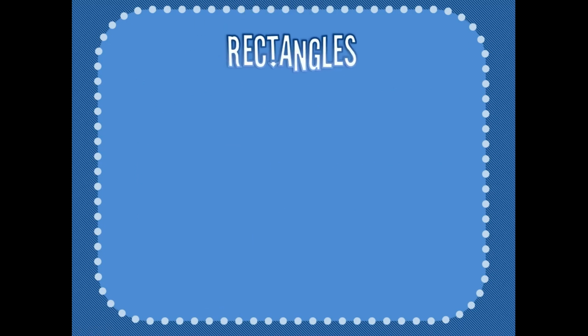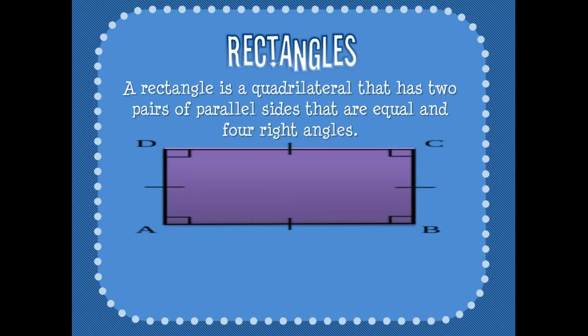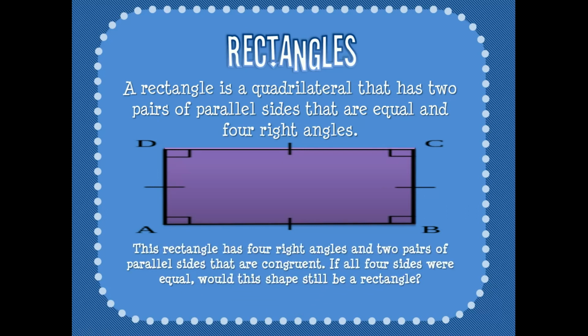Now we are going to know about rectangle. A rectangle is a quadrilateral that has two pairs of parallel sides that are equal and four right angles. Look at the picture carefully. Opposite sides are equal. This rectangle has four right angles and two pairs of parallel sides that are congruent.